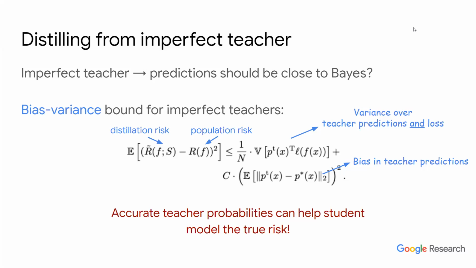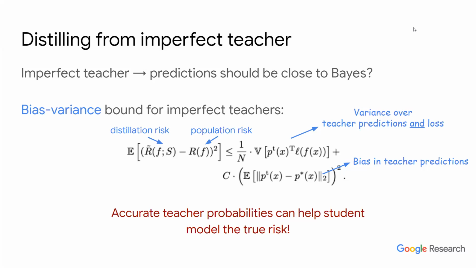Right. So we now want to ask ourselves, what about when we have the imperfect teacher? Let's consider the gap between the distillation risk and the population risk. The population risk is basically the Bayes one, and the distillation risk is coming from the teacher, right? There's some derivation.